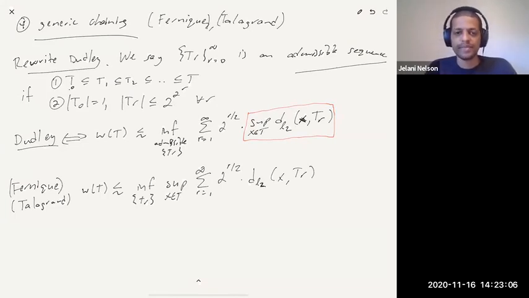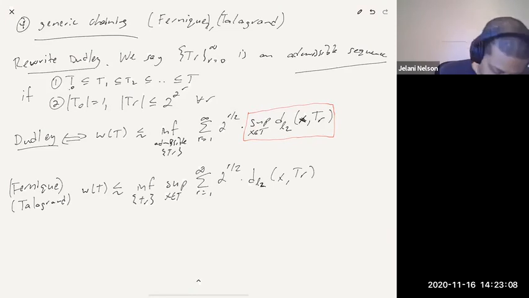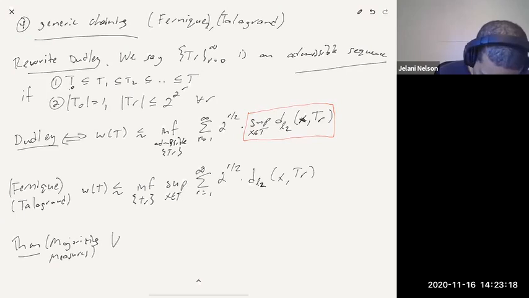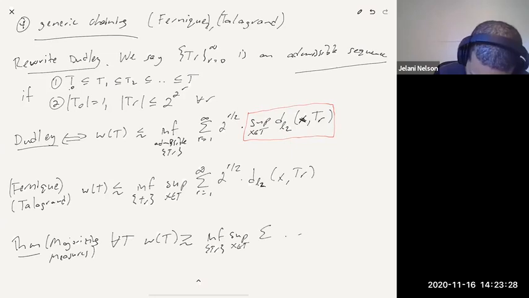Then another theorem, called the majorizing measures theorem, is the magic: for all T, the mean width of T is at least that inf. So not only is this an upper bound, but it's also a lower bound up to a constant factor.